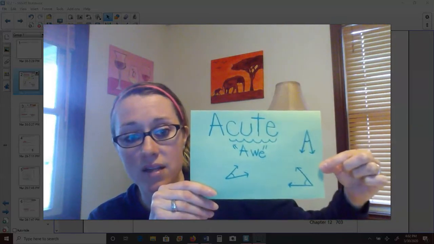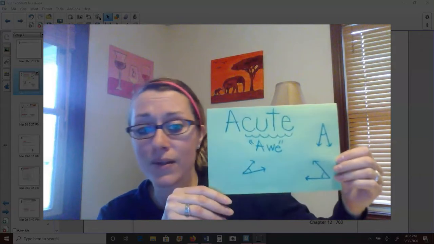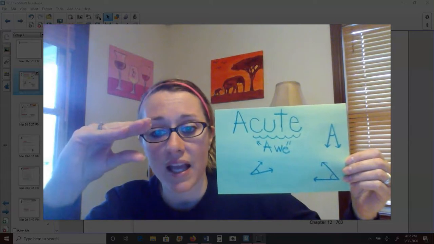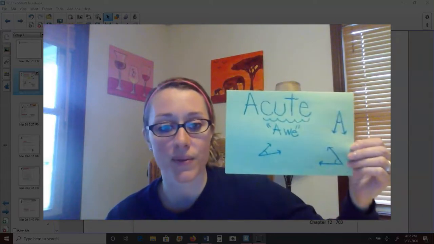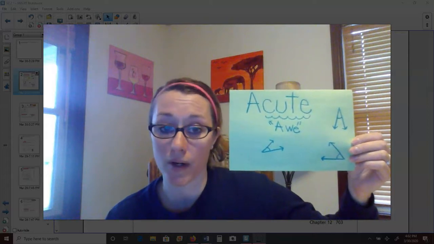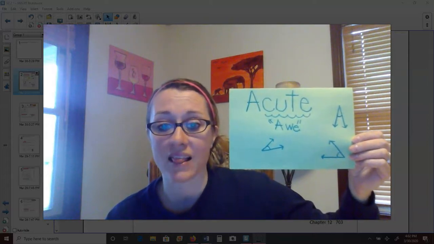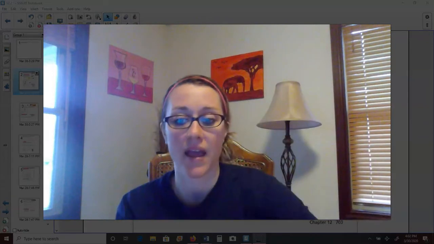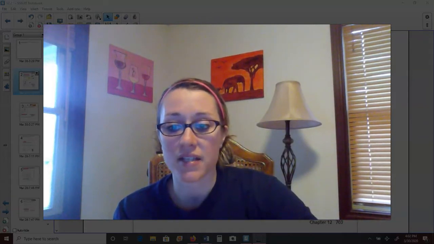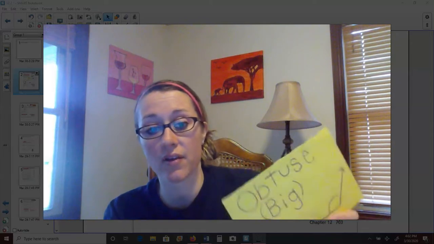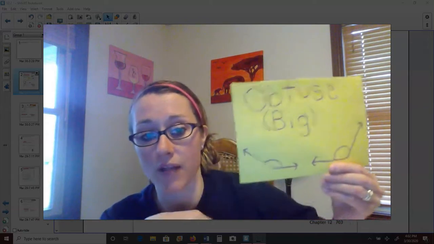So these three angles I drew on my paper are acute. They are so teeny tiny. They are closing in. They are acute angles. So that's the mathematical word for an angle that is less than a right angle. Okay, and then there is another type of angle, as you can see in your book, for an angle that is greater than a right angle, and that has a special name too.